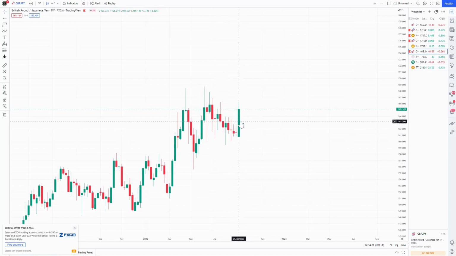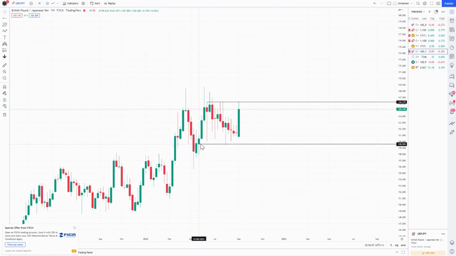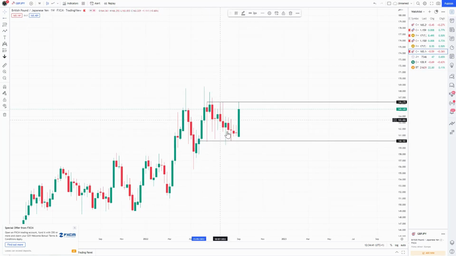So all of a sudden, this was the weekly candlestick. This is how the weekly candlestick ended. So let's just mark the week here, the weekly candlestick. So this just looks like price trapped in a consolidation. Can you see price is just consolidating?